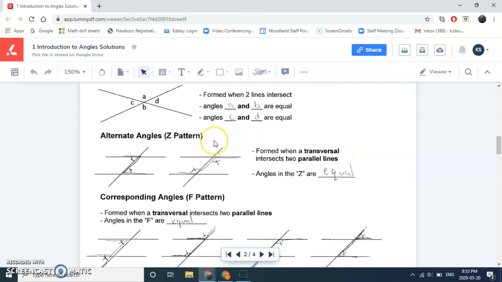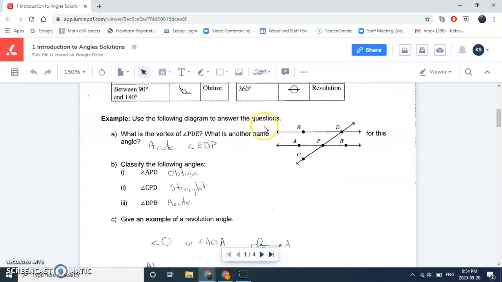Next up is alternate angles. And alternate angles always have a Z pattern. So you can see that they're alternating in which side they're on. So this one's on the bottom, and that one's up at the top. Right? This one's on the left, and then that one's on the right. So they're on the opposite side. So they're alternating. And those angles are the same when we see this Z pattern, just like we saw in the example above, right?